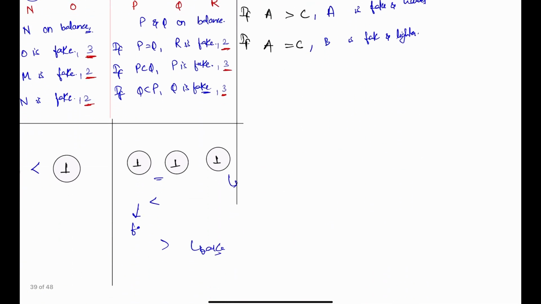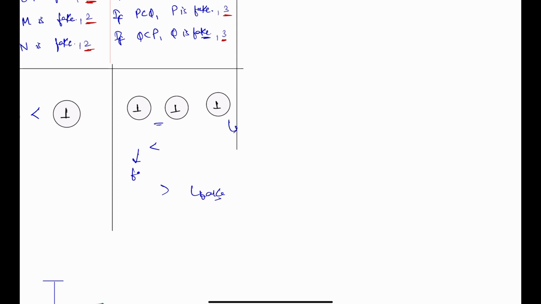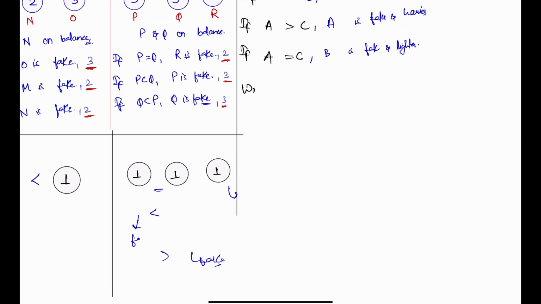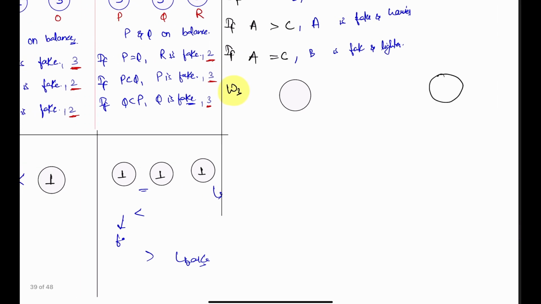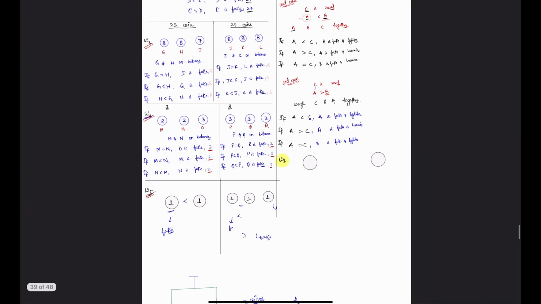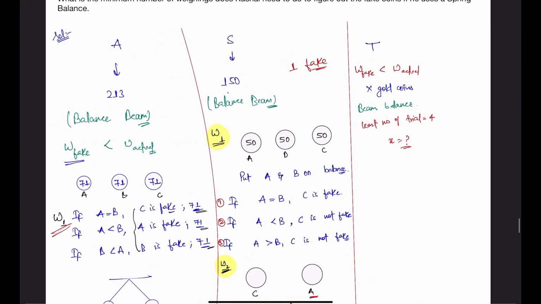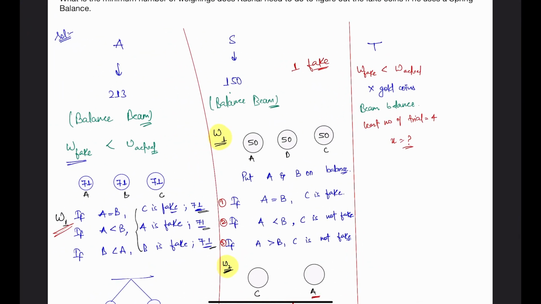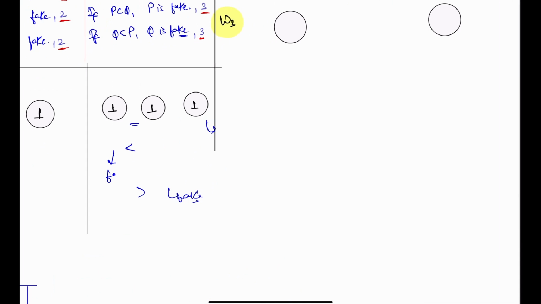So it's again time for the third weighing, W3. In the third weighing, let's suppose there could be only two possibilities. This one we will do on the next page.